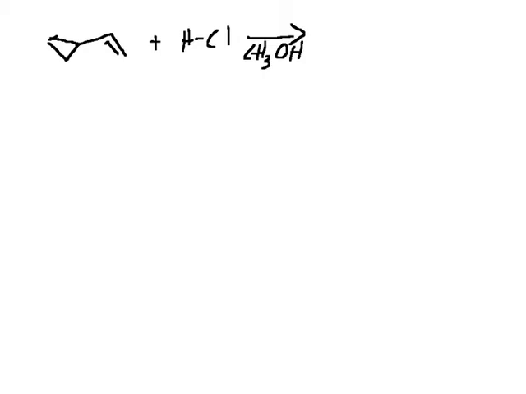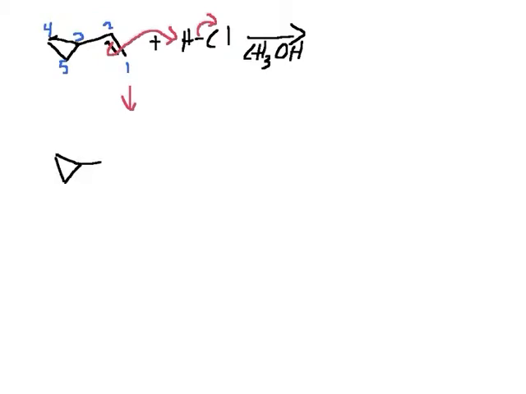First step, number the carbons, 1, 2, 3, 4, 5. What's my nucleophile? The pi bond, specifically the pi bond. Break the HCl bond.